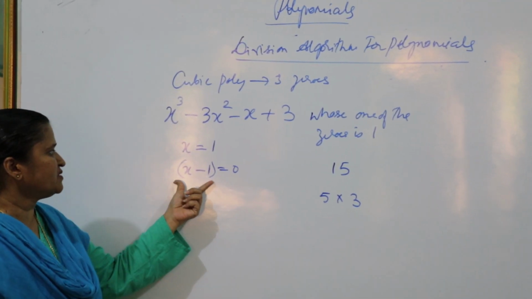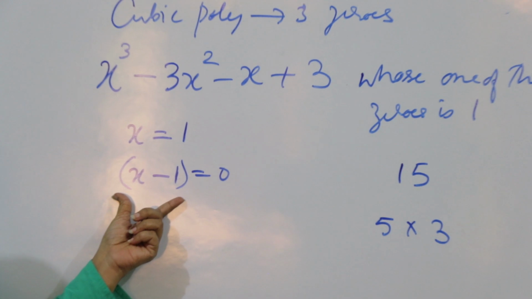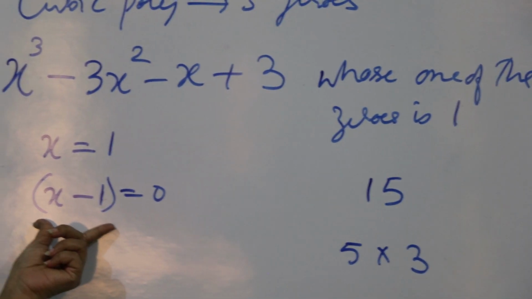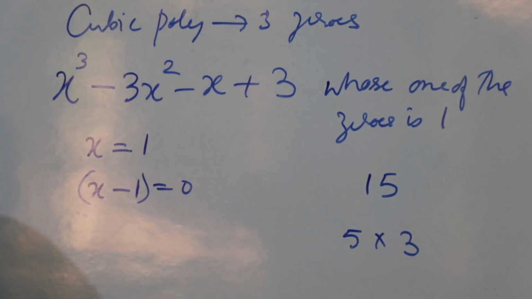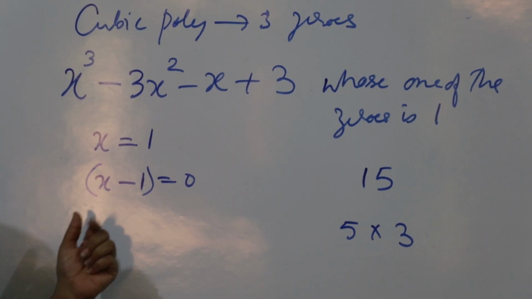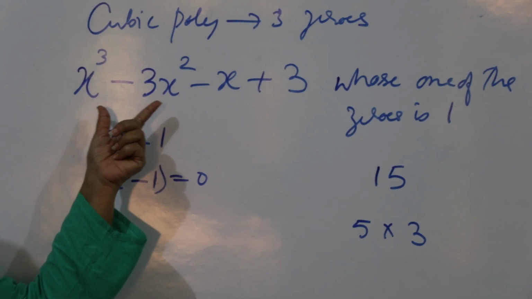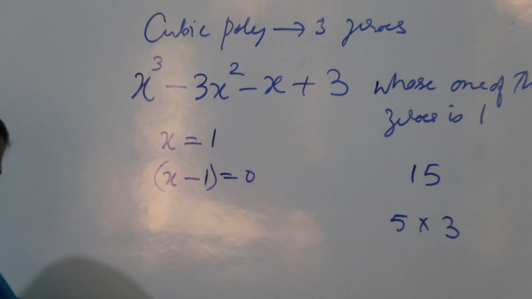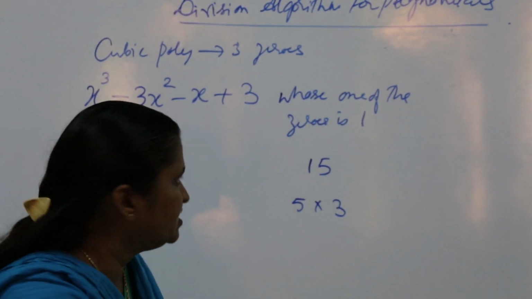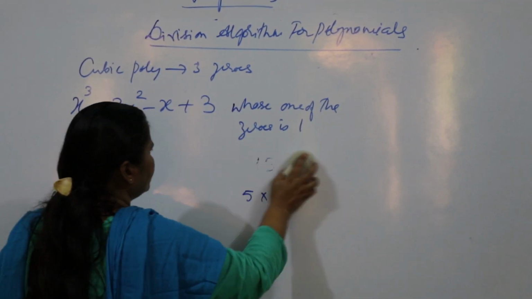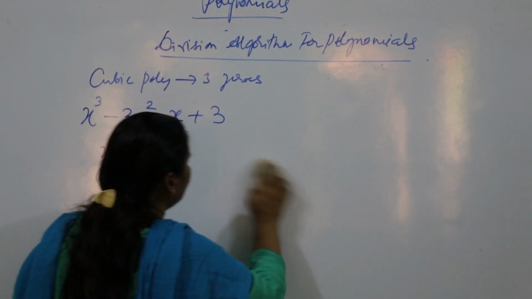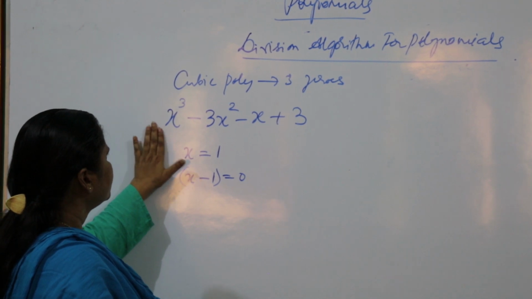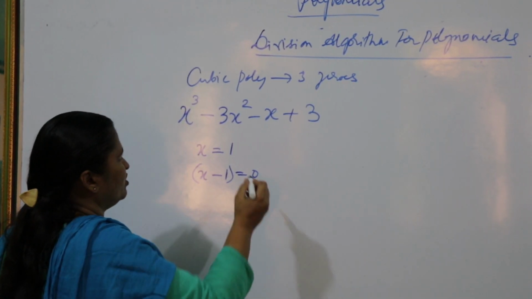Similarly, when you divide this cubic polynomial by x minus 1, the remainder will become 0. So we can use it as a factor for the given polynomial and try to find the zeros, and this is the method we use. I will show you how to find the remaining zeros of this cubic polynomial.